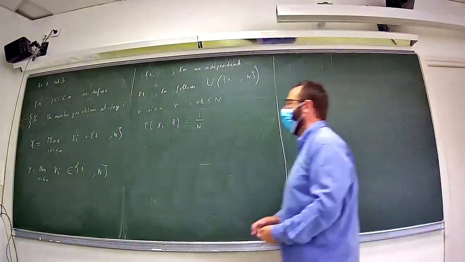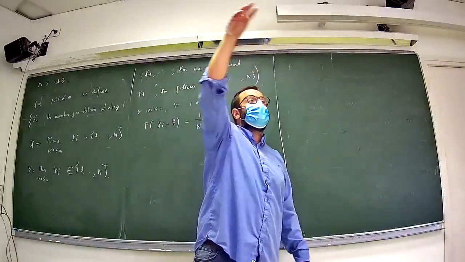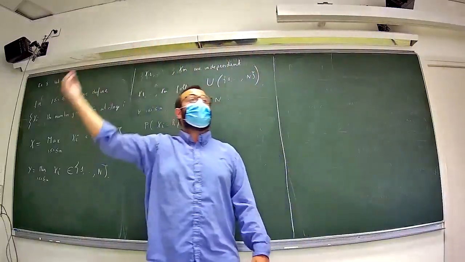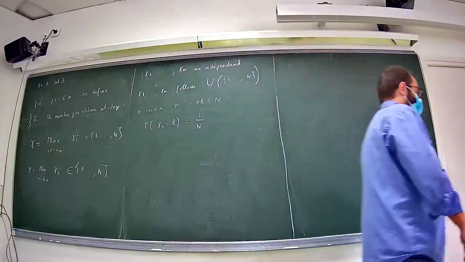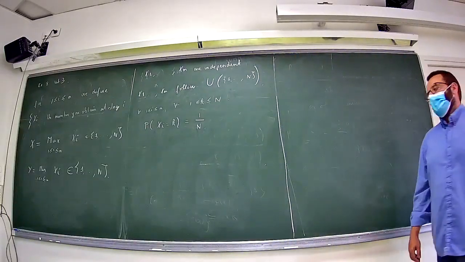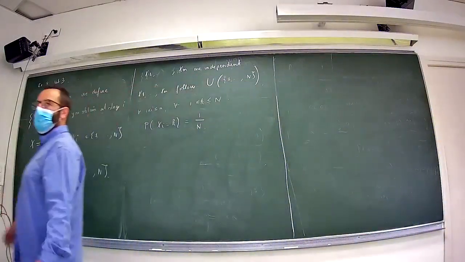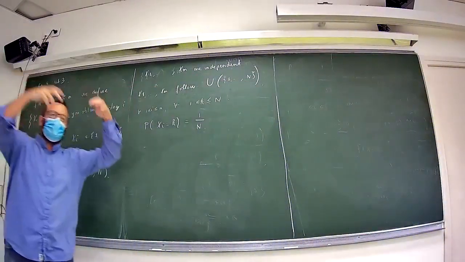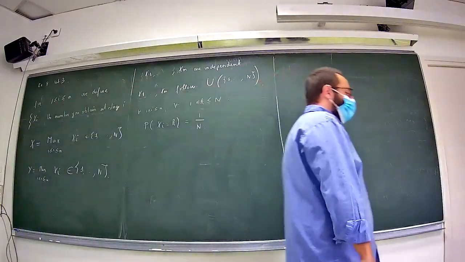But 3 can appear 1 time, 2 times, 3 times, or capital N times, and for the other values it can be 1 or 2. So I have, in fact, not a lot, but several cases to consider. It may be a little bit complicated to do this way because I can make confusion. I can count even twice, or I can forget some.